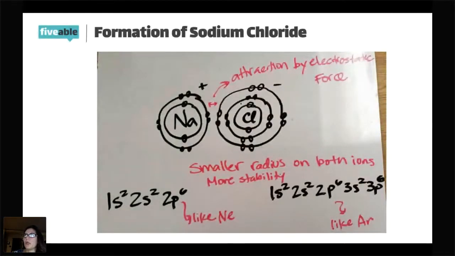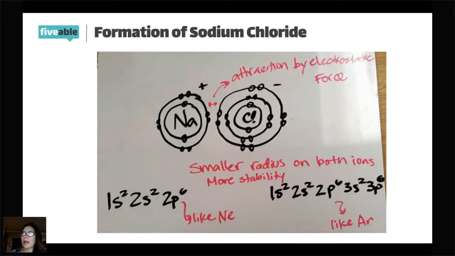Now the sodium ion will have a smaller radius. And I made a mistake here on the slide. I'm going to correct it later. The chlorine ion will have a larger radius than the chlorine atom because it is completing its outer shell, and also because you have an unequal amount of protons to electrons.